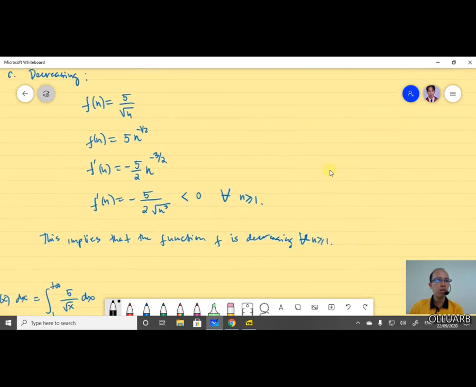Let's recall decreasing. The condition here must be greater than 1, because this says that this is the interval 1 to positive infinity, open interval, but the conclusion must be on the open interval. It includes 1.